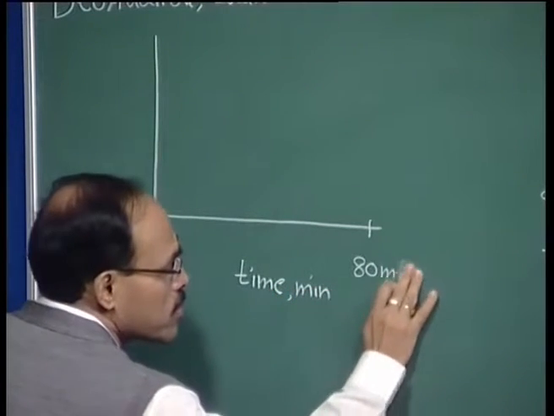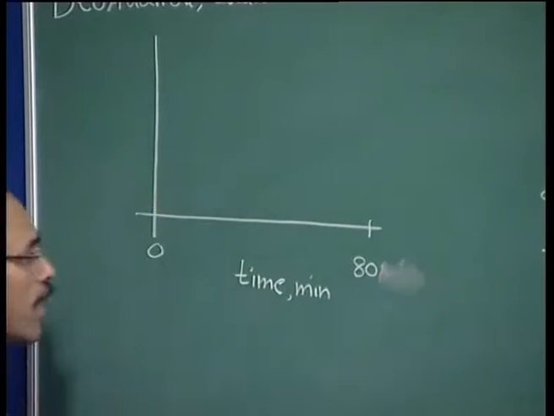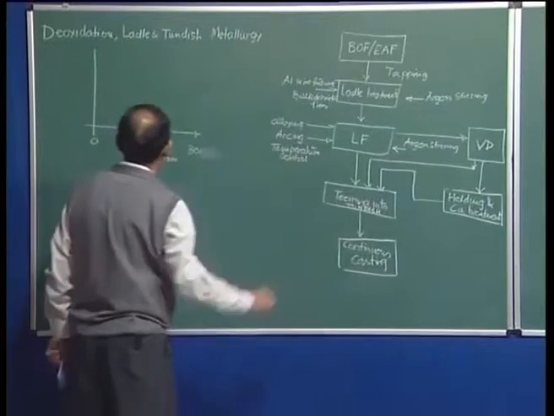So, I will write it like this, 80, and this is the total span of ladle metallurgy steel making operation, where we can take all these things into account.